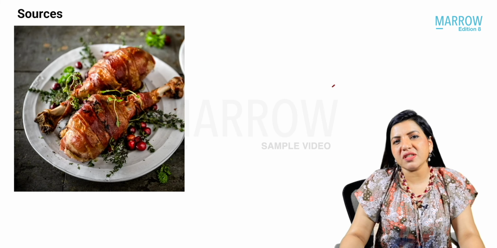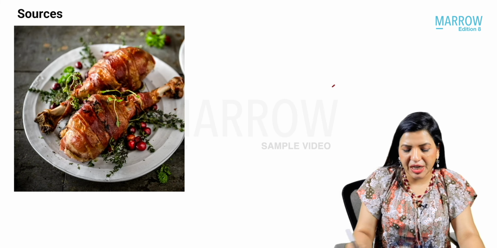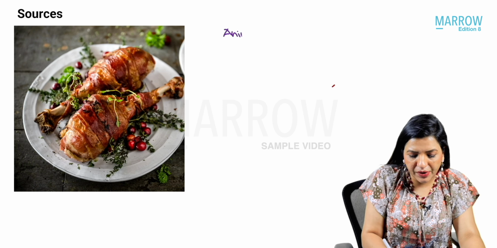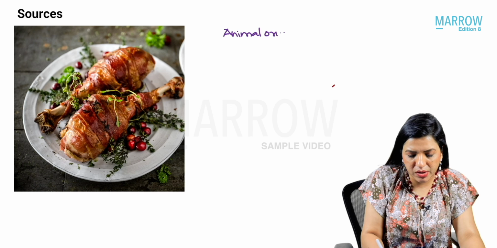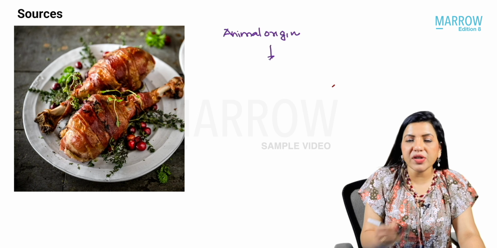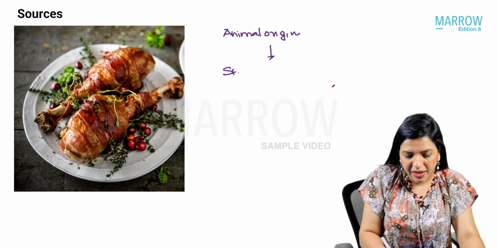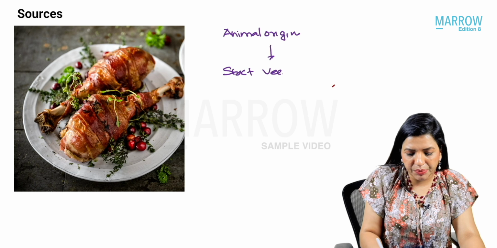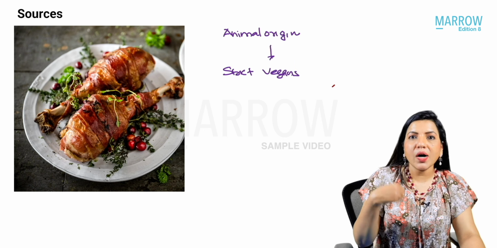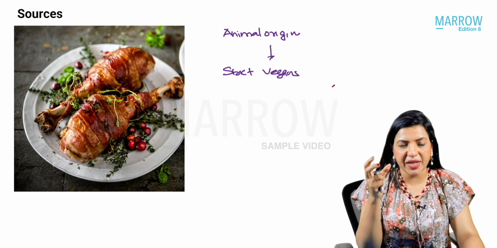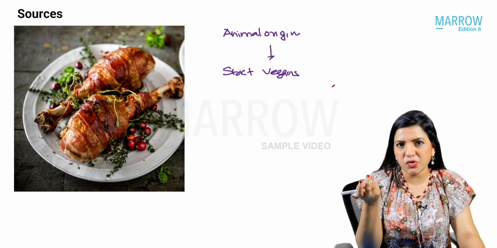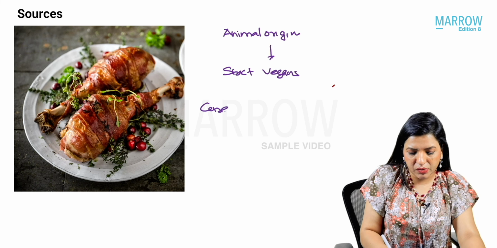So what are the sources of B12? The sources of B12, primarily, are food of animal origin. That is the most important one. So who can develop a B12 deficiency? Strict vegans can develop B12 deficiency. So what food in a strict vegan diet can supplement this B12 deficiency? That is curd.